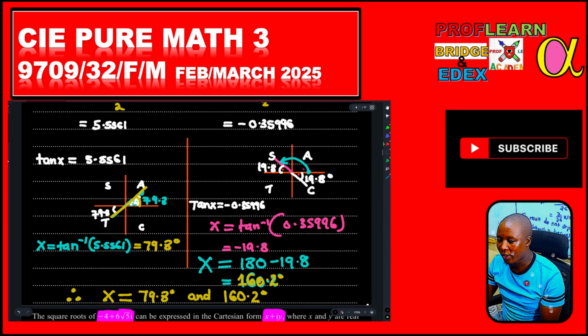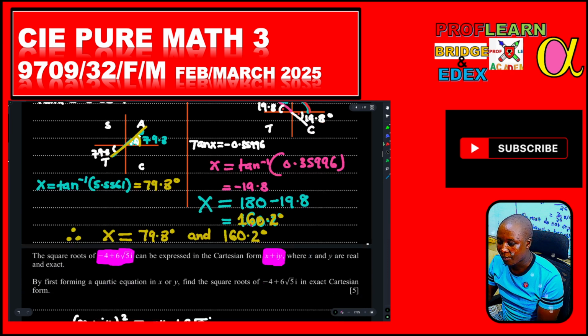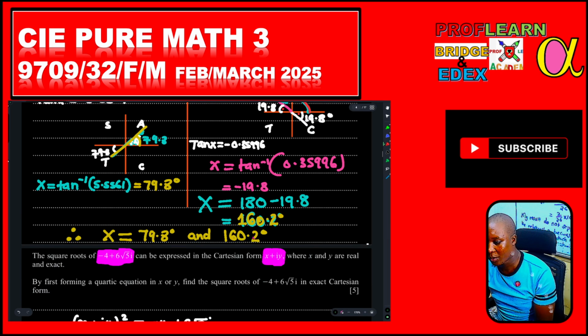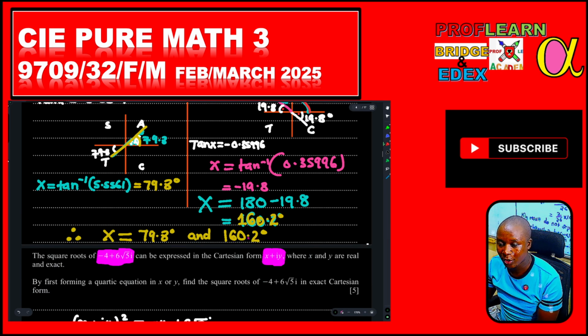So for us to find the positive angle, we are going to measure from the x-axis up to this particular point, and that is going to be 180 minus 19.8, which is going to give us 160.2, and the student got that. So there are two answers we were supposed to get at this given point, that is 79.8 and 160.2.